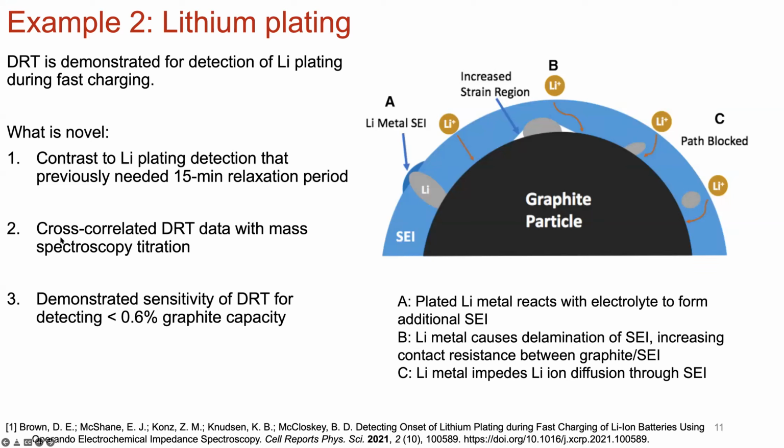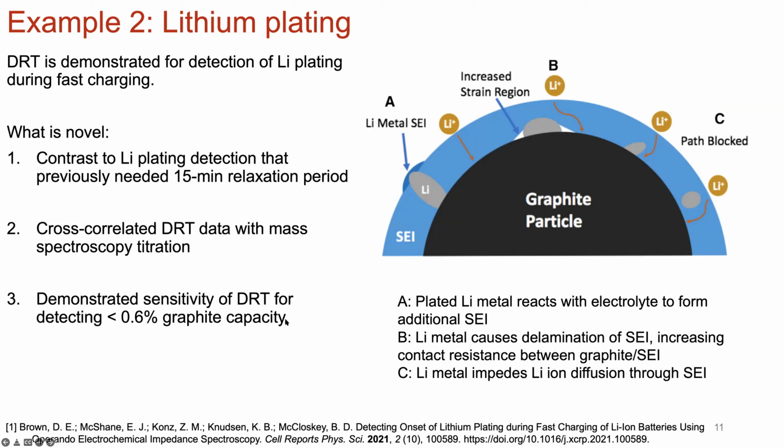What's also really good about this study is that the DRT is not just an analysis. It's cross-correlated with another technique that will really pinpoint the chemistry of what's happening, to try to understand the 3 physical processes that could potentially be happening that are listed here.